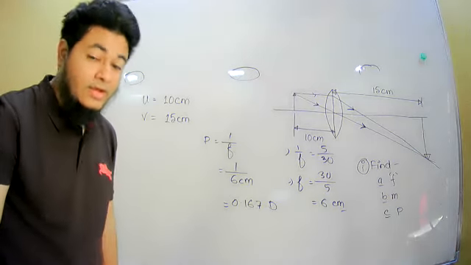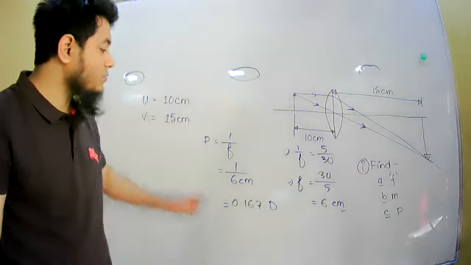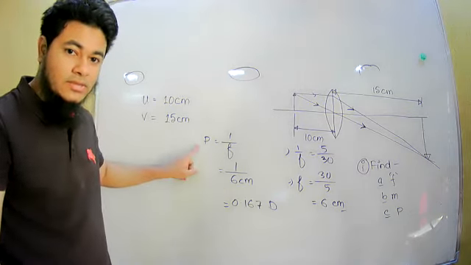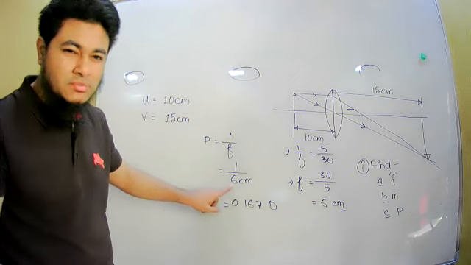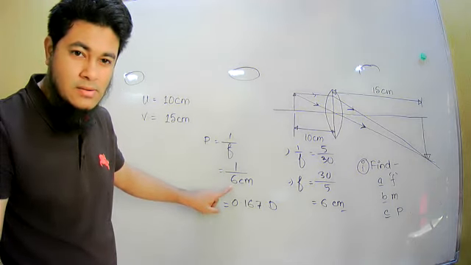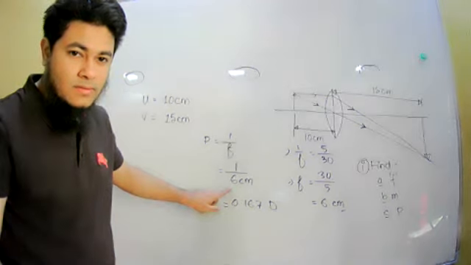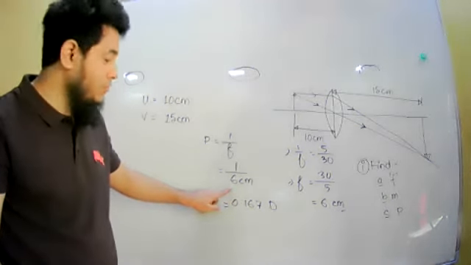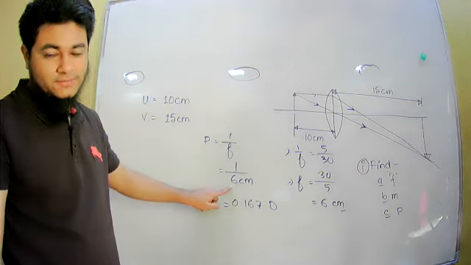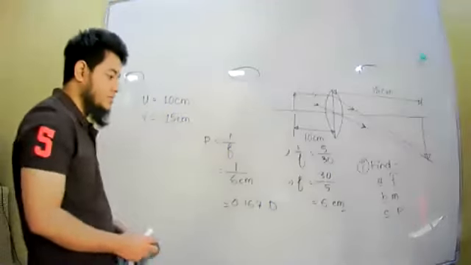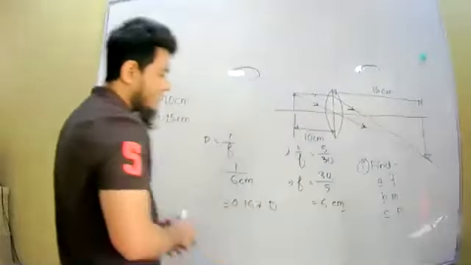Why? I told you repeatedly, whenever you are putting the value of focal length in this equation, you are calculating the power. The focal length must be in meter. But we put the value in centimeter and you said right. It's not correct. We have to convert it into meter.